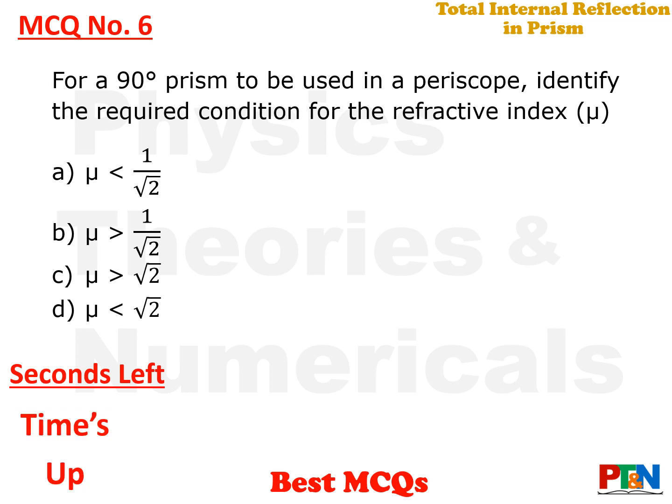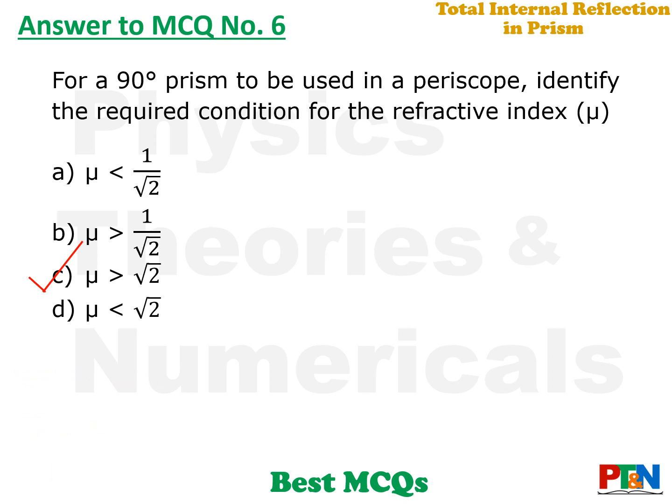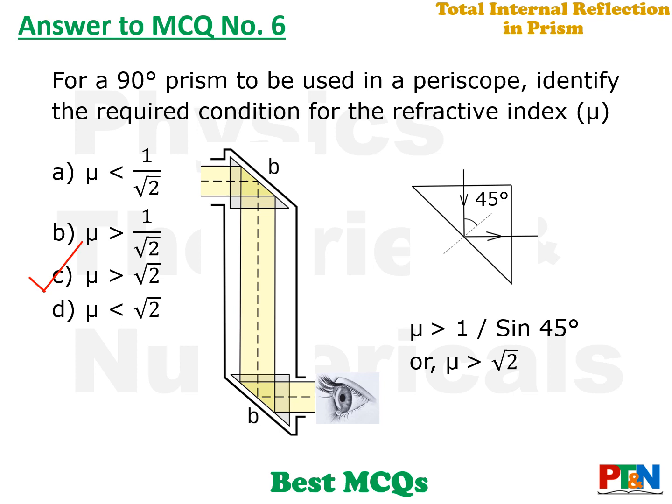Time's up. Let's see the answer. The answer is option C, that is mu should be greater than root 2. Let's understand the calculation also. Look at the picture of the periscope. The rays are coming into the prism, and on the hypotenuse surface, the angle of incidence is 45 degree.